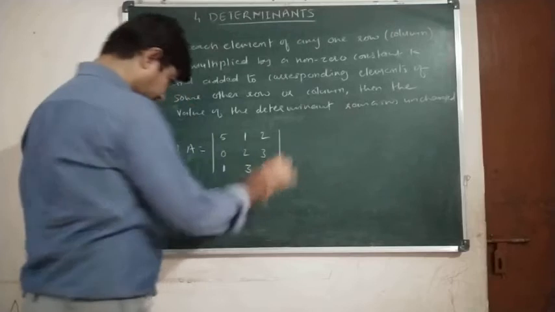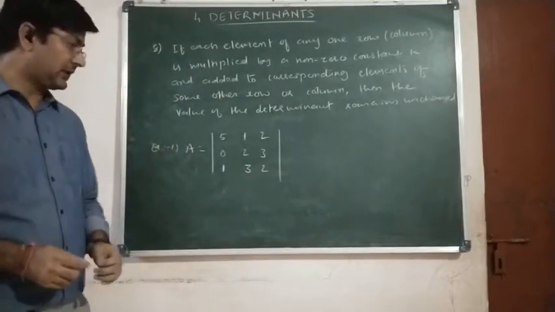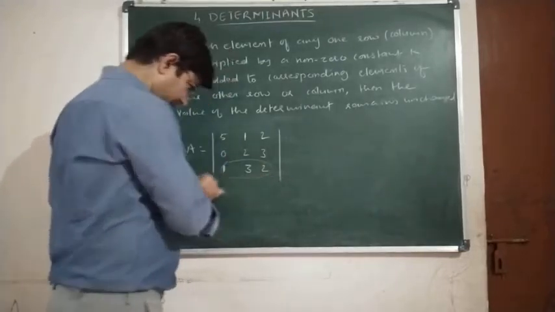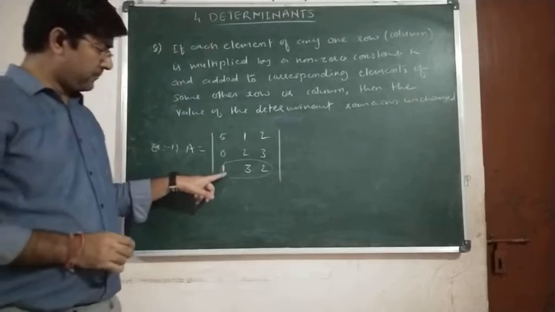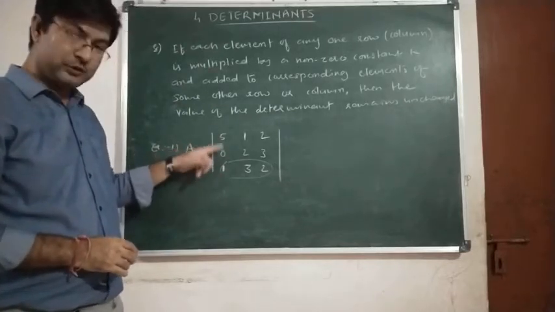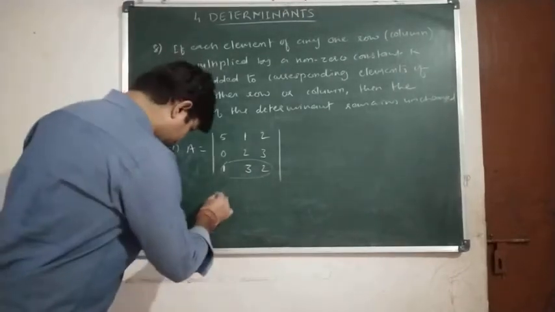Clear? Okay, so this is determinant A. Now let us multiply each element of third row by 2, and then we will add this to the corresponding elements of the first row.